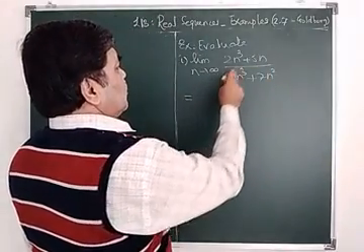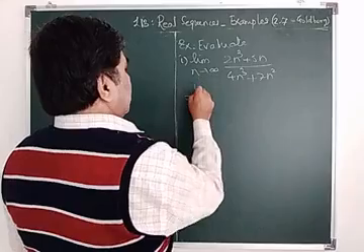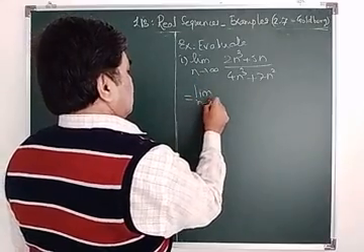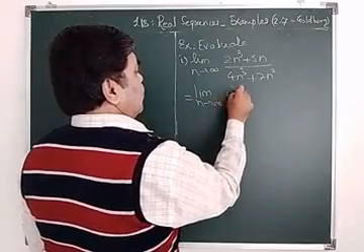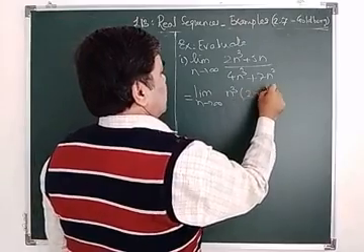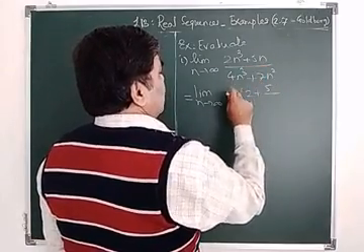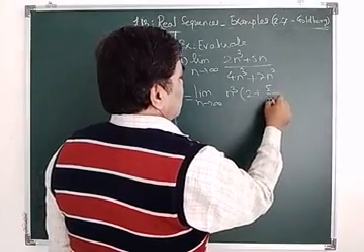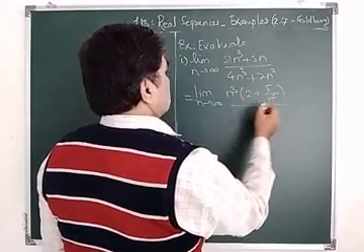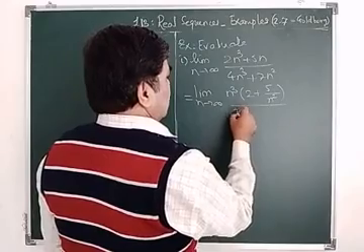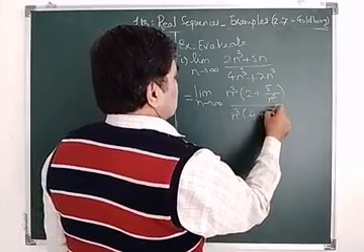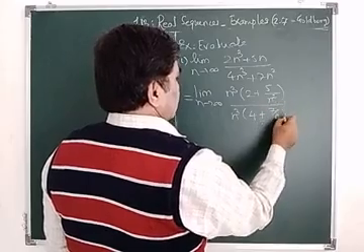In this case, we'll take n cube outside from numerator and denominator. So this is the same as limit n tends to infinity of n cube in bracket 2 plus 5 upon n square, upon n cube in bracket 4 plus 7 upon n.